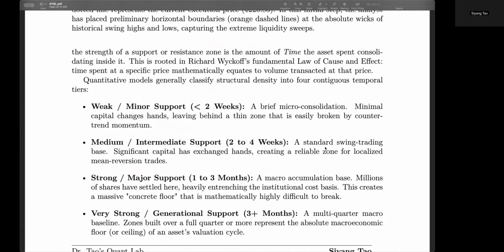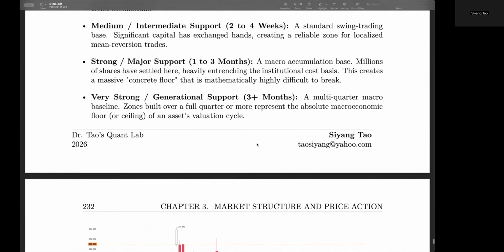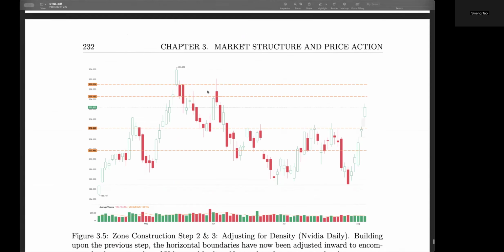We classify this into 4 contiguous tiers. A weak zone lasts less than 2 weeks. It is a brief pause, easily broken, just like the 225 resistance on our Nvidia chart. And you can see there are only 3 days, which is less than 2 weeks.